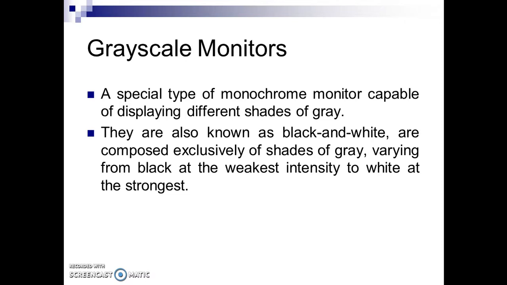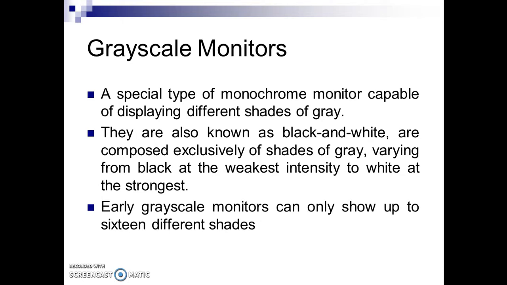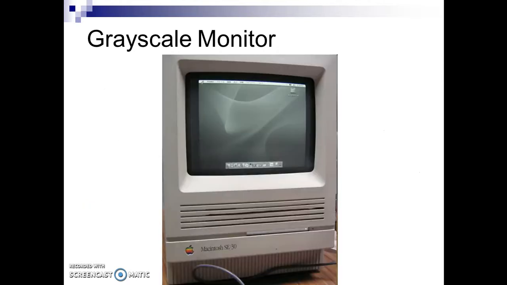So essentially they were black and white TVs, and you could have a pretty good black, making it all the way up to white at the strongest end of the scale. What's interesting about that was those grayscale monitors really only had 16 different shades of gray that were available. But using that, you could see some displays that were almost startling in those early Macintoshes. So you could see subtleties in the screen that were impossible before that.